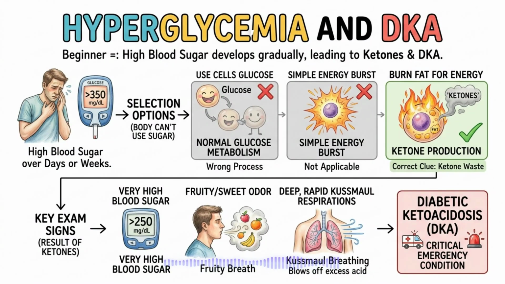This leads to a critical condition called diabetic ketoacidosis, or DKA. A classic exam scenario will describe a patient with a very high blood sugar level, deep and rapid Kussmaul respirations, and a distinct fruity or sweet odor on their breath, signaling that the body is trying to blow off the excess acid.